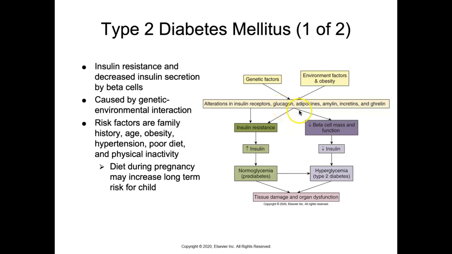And then we have our adipokines, and these are essentially chemical messages that are sent out through the adipose tissue, and we can also increase the serum levels of leptin, which is a hormone that is made by our fat cells to regulate long-term energy balance.